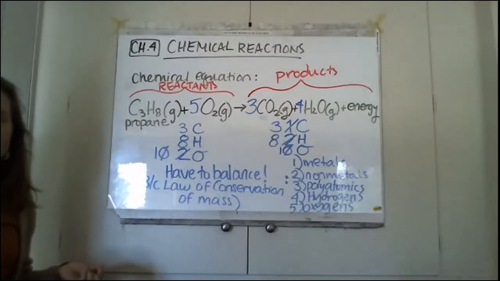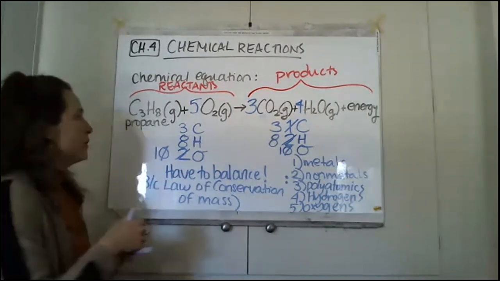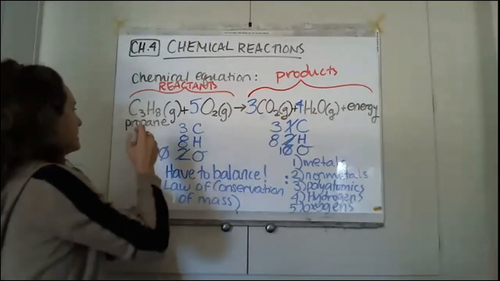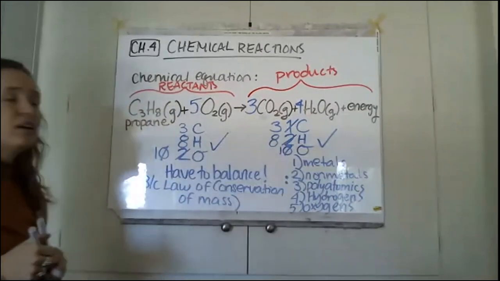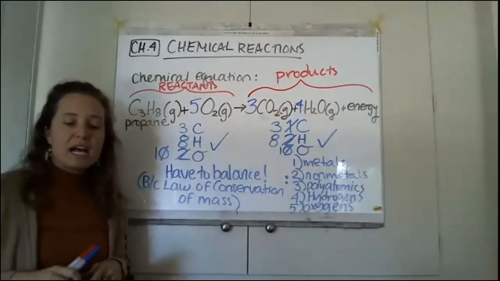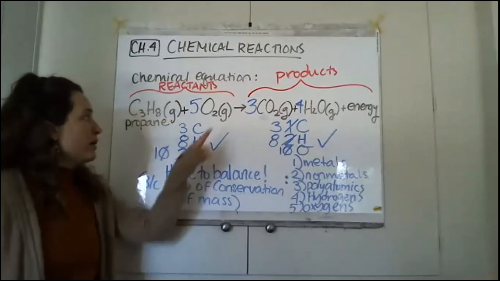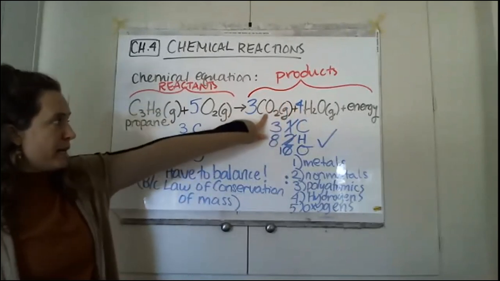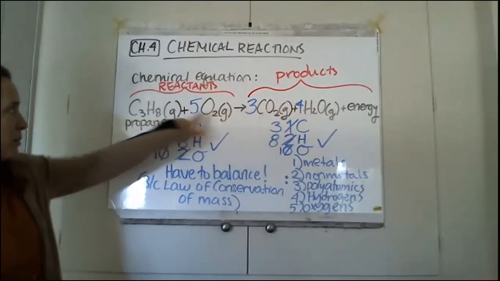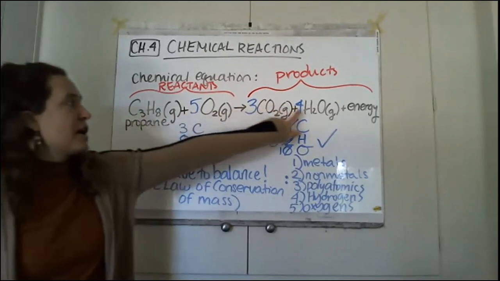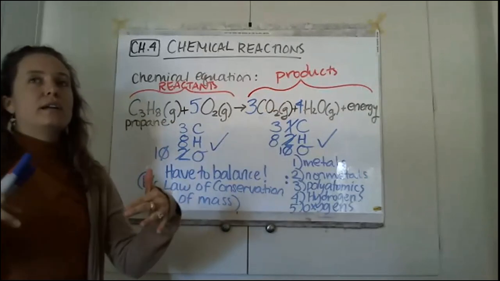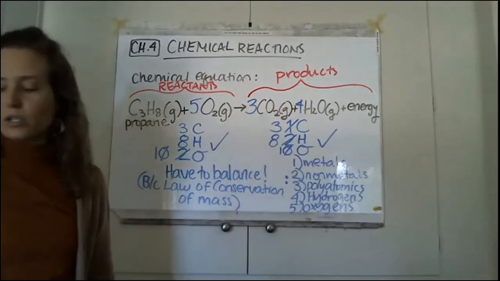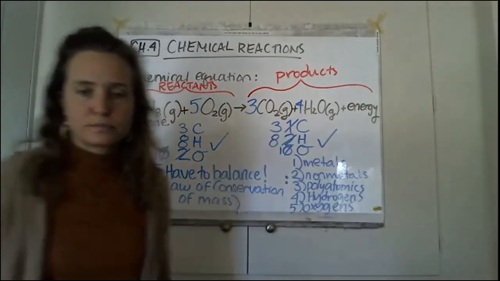So now everything is accounted for. Now this chemical reaction is balanced, right? And that's how you want to do it. You want to go through and count and put coefficients out front. You're never going to make a change to the lower numbers down below, only the big numbers out front, because in that way you're just saying how many there are, not that you've changed the molecular formula.